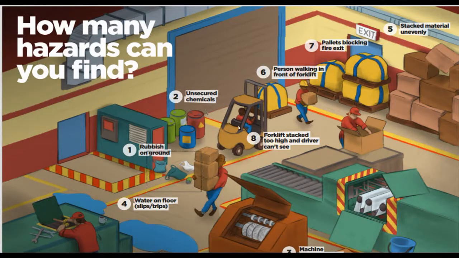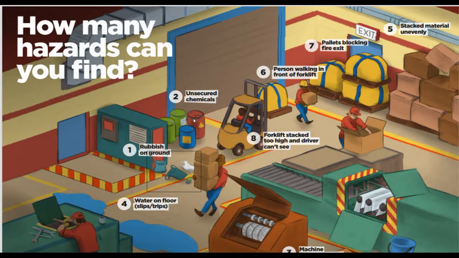Although we see there is a line here, the people working in this place ignore that particular line. This line actually has its own meaning. This is the barrier, the limitation for the worker. This forklift should not be inside; they must be beyond the line. So the unsecured chemical is the hazard.